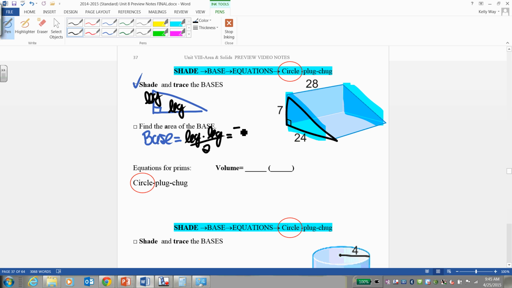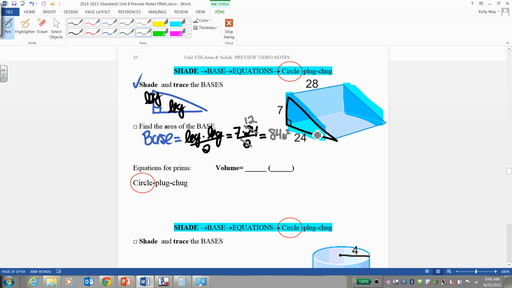So it's going to be 7 times 24 over 2. 2 goes into 24 12 times. 7 times 12 is 84. And that's going to be units squared.